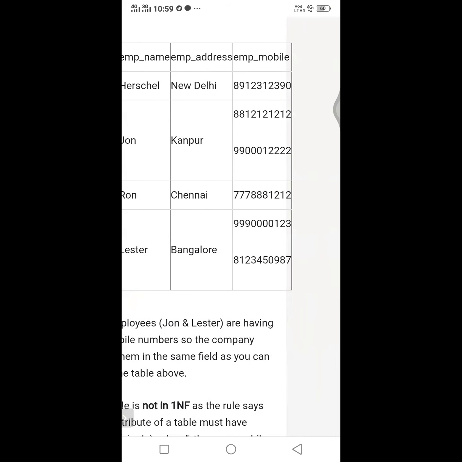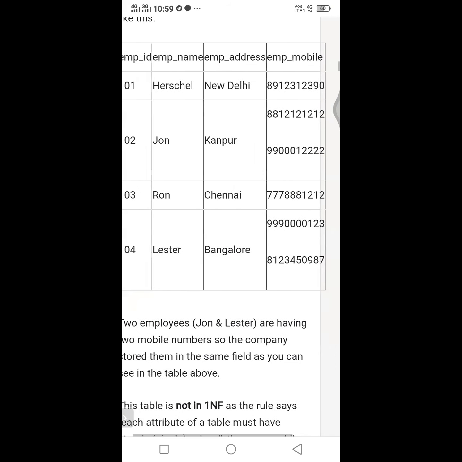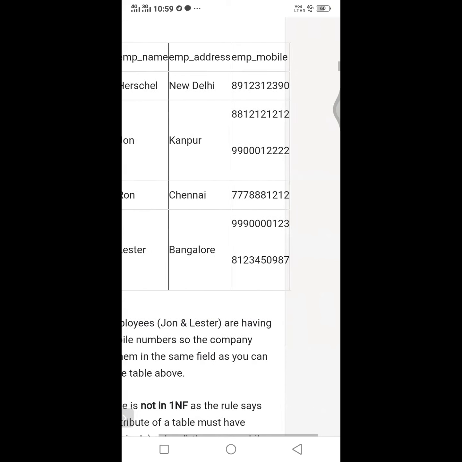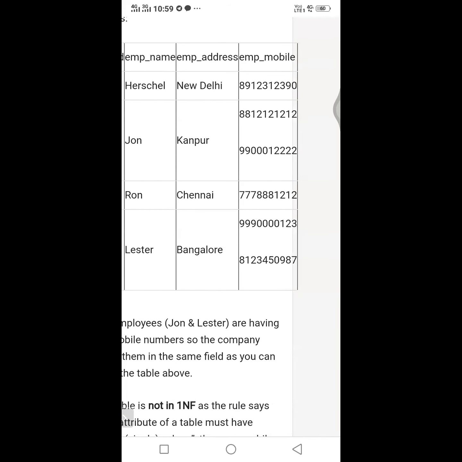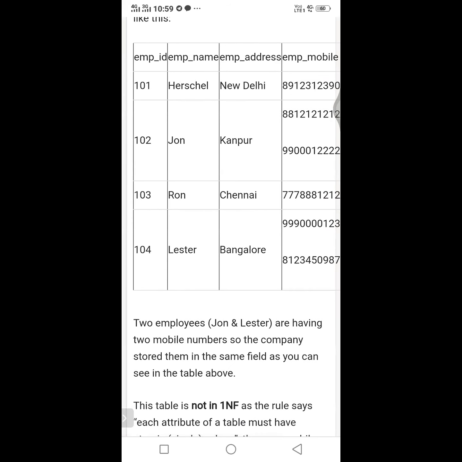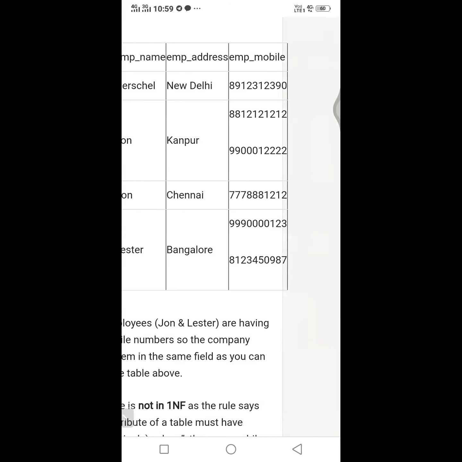But if you observe here, employee mobile. For 102, two numbers are assigned here. In the same way, 104 also has two numbers. But here the problem is we should not assign more than one value to a single attribute. So we need to convert it into another tuple.